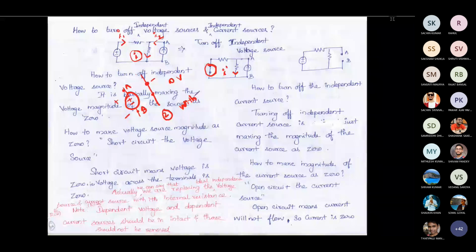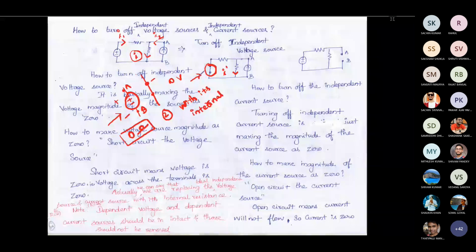When we talked about the ideal independent voltage source, we said that its internal resistance is 0 ohm. So what we are doing in the superposition theorem is replacing this voltage source with its internal resistance. The internal resistance of the ideal independent voltage source is 0 ohm, so that can be represented as a short circuit.